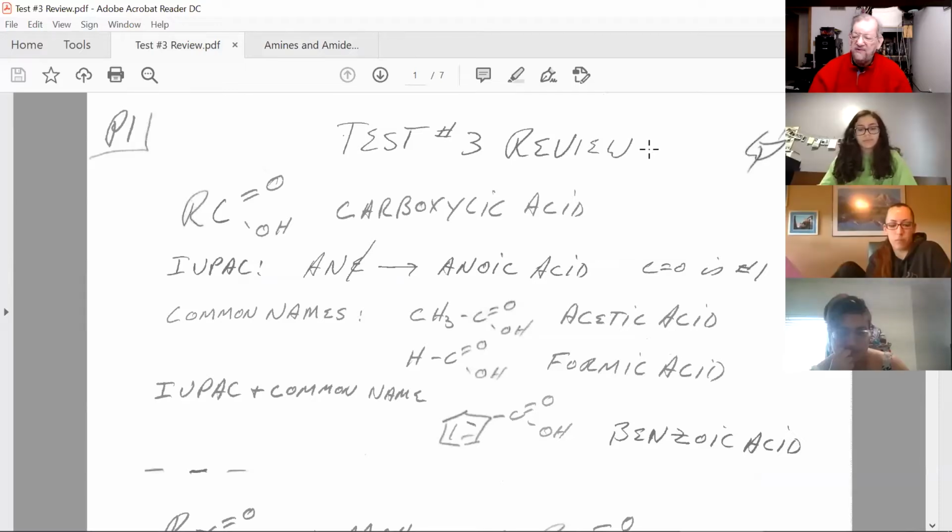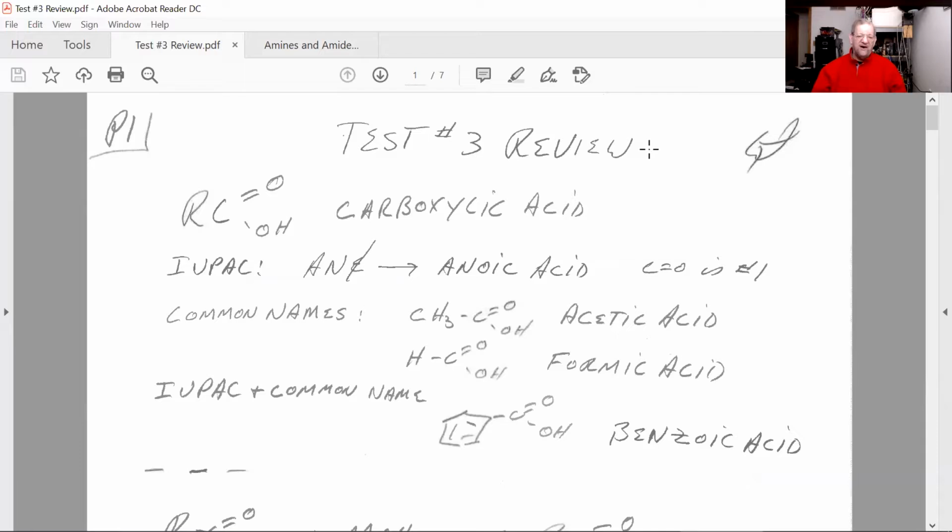Everybody see test 3 review on the screen? Thank you. All right, let's start out. Carboxylic acids. Remember, when you're looking at an organic molecule, look for what's not carbon, what's not hydrogen, what's not a carbon-carbon single bond, because that's where all the action is. And here we have a carboxylic acid: a carbonyl, carbon double bond to oxygen. That same carbon has a hydroxy group and carbons.